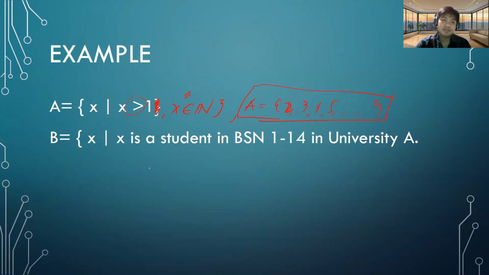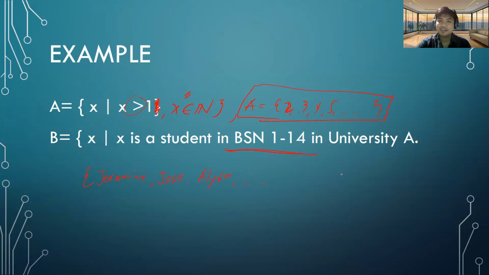So, next we have set B. x such that x is a student in BSN 114 in University A. For example, if you are going to list all the students in this section, BSN 114 in University A, for example, we have Jermaine, Josie, Elisha, or else, and so on.